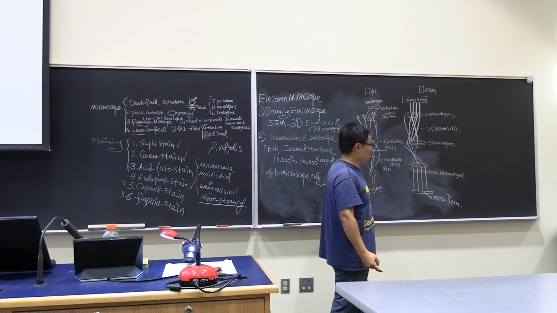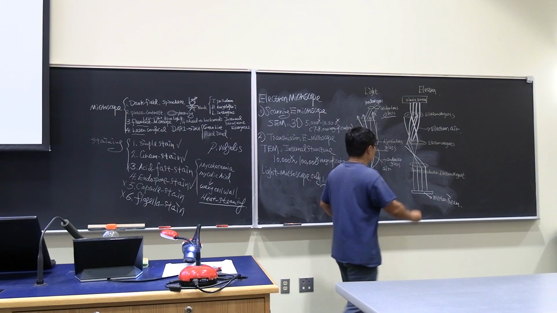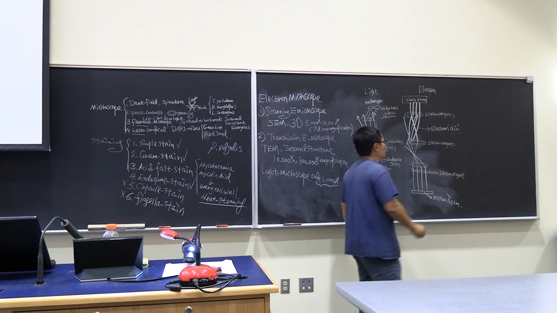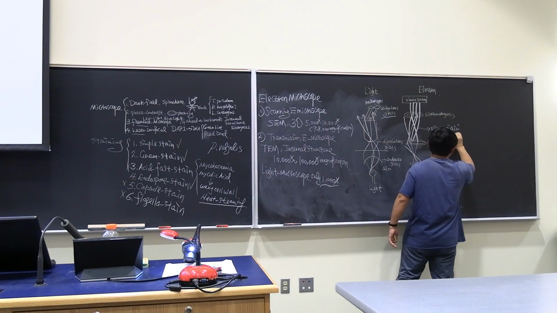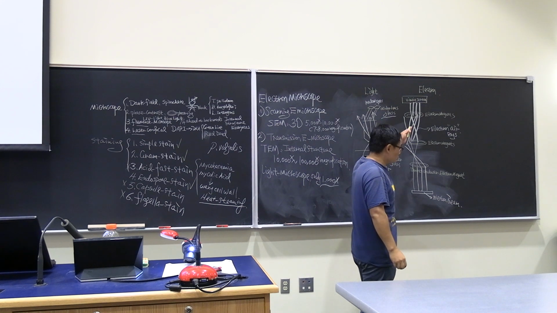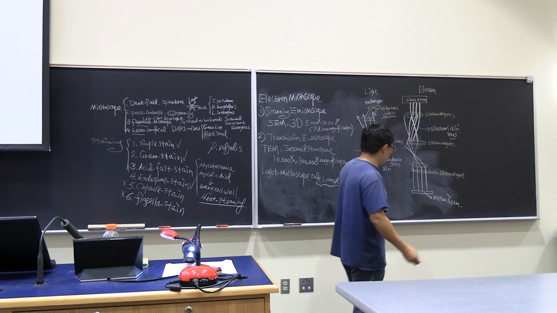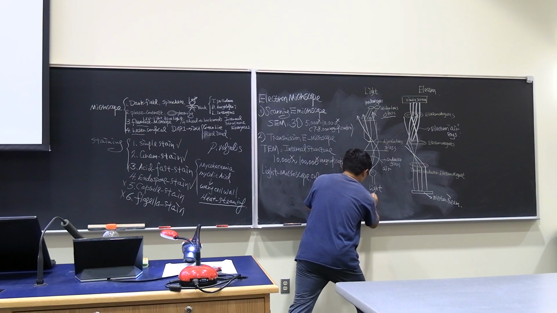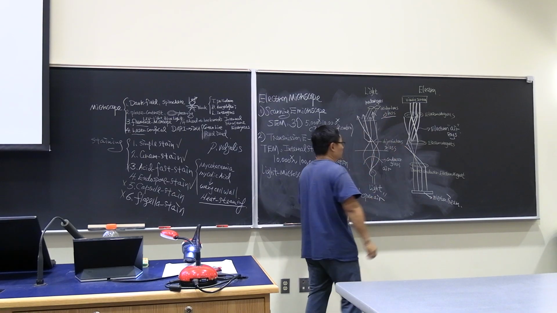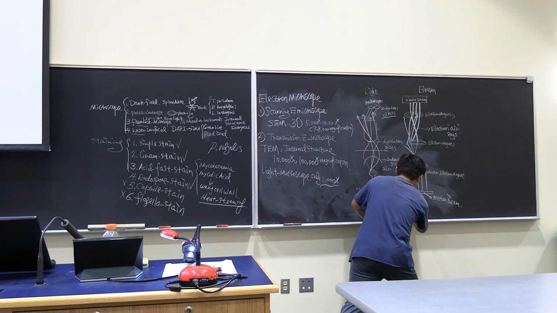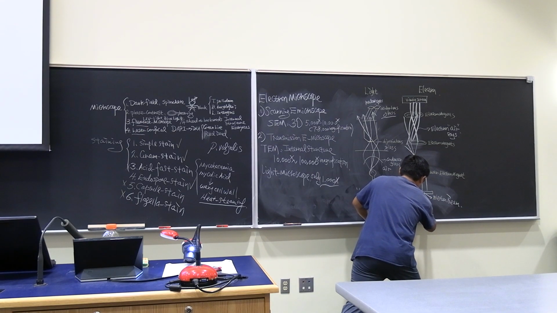That's a little difference between them. This is air, this is electron rays. This is light, this is electron rays. Another big difference. This whole thing is open air in the light field microscope. For electron microscope, you have to be in a vacuum system.